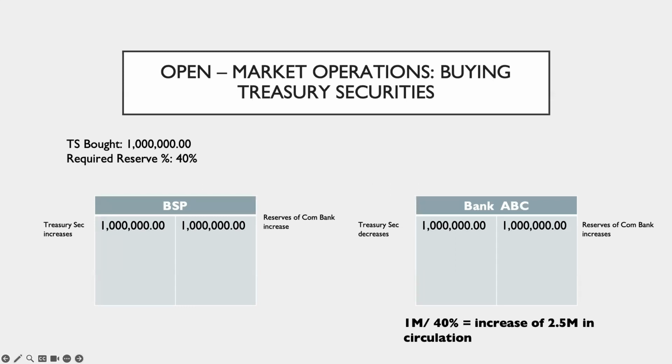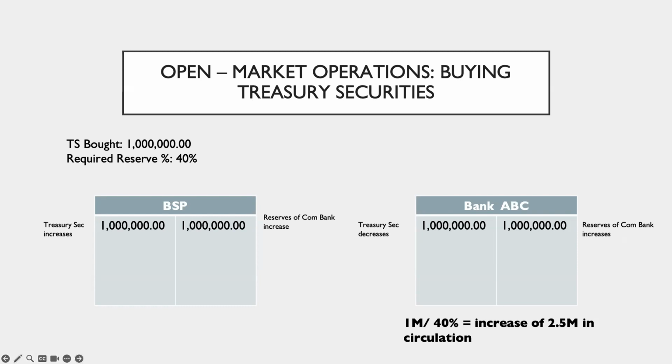Here, the central bank bought the treasury securities. The treasury securities bought were 1 million, and the prevailing required reserve ratio is 40%.